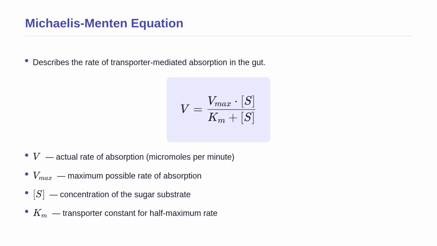V is your current absorption rate. Vmax is the absolute speed limit when every transporter is busy. S is the amount of sugar in your gut. Km is a constant, showing the sugar level needed to reach half the maximum speed. As sugar concentration increases, the rate goes up, but eventually levels off at Vmax.